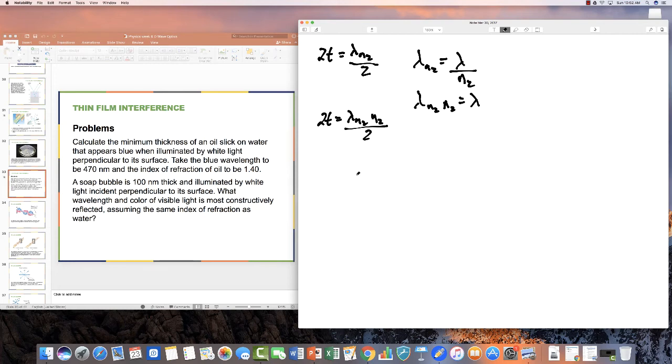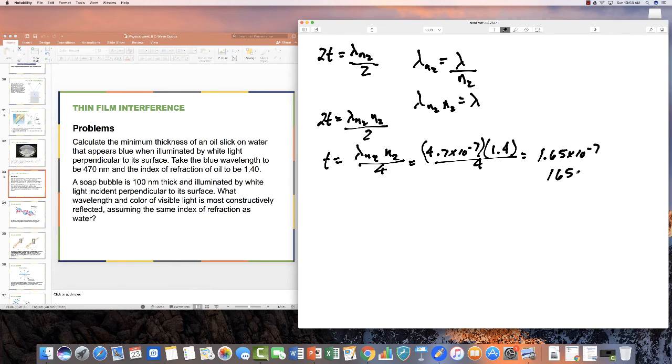Then you put 2 in there, so t equals lambda n2 times n2 over 4. This is 4.7 times 10 to the minus 7 times 1.4 divided by 4, and the answer here is 1.65 times 10 to the minus 7, or 165 nanometers. So the minimum thickness has to be 165 nanometers.